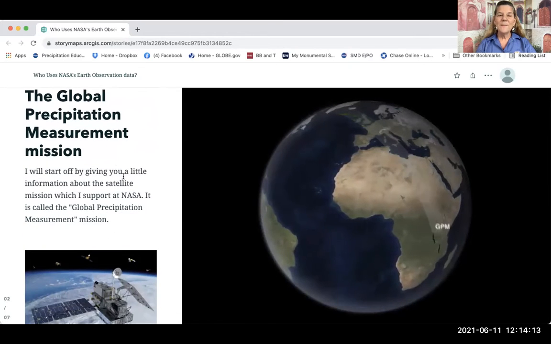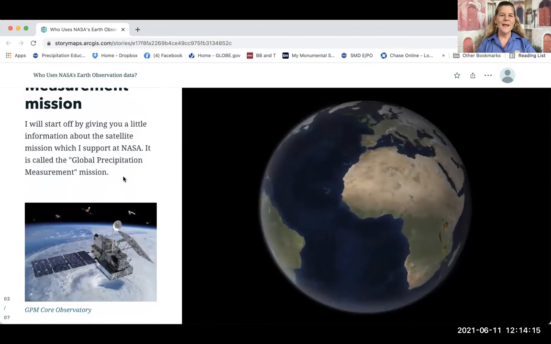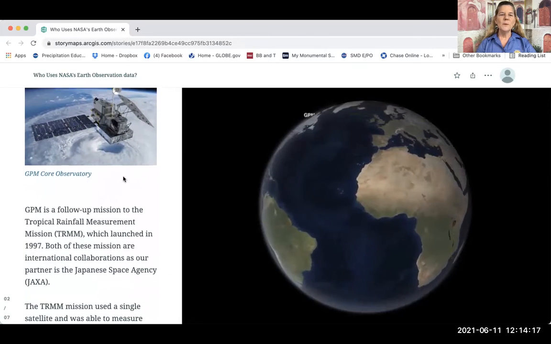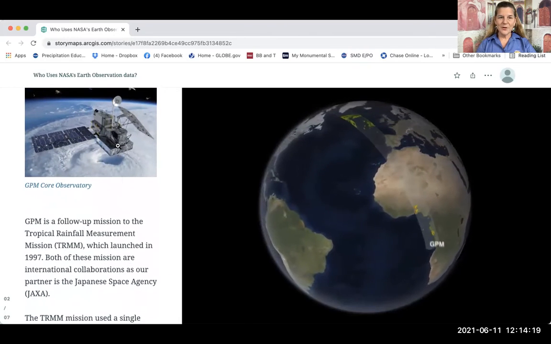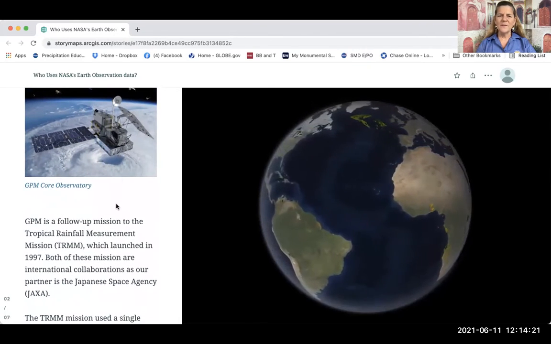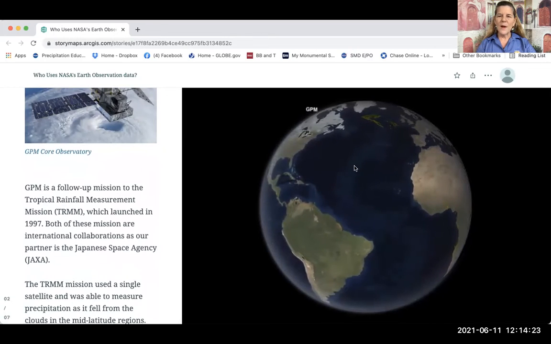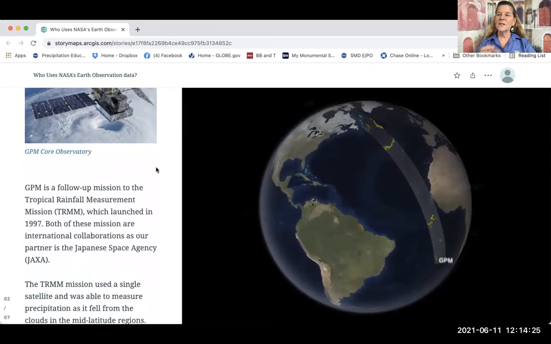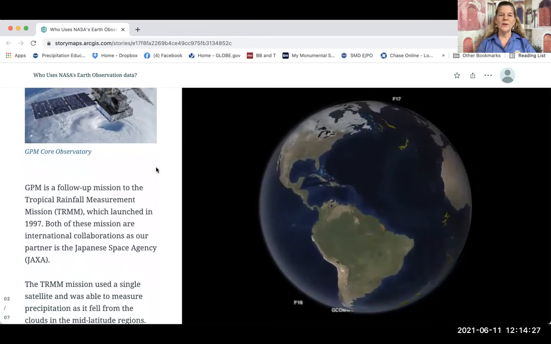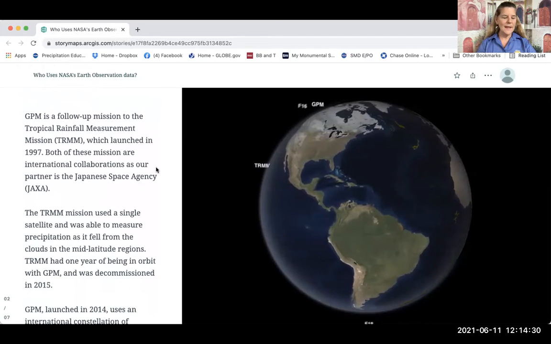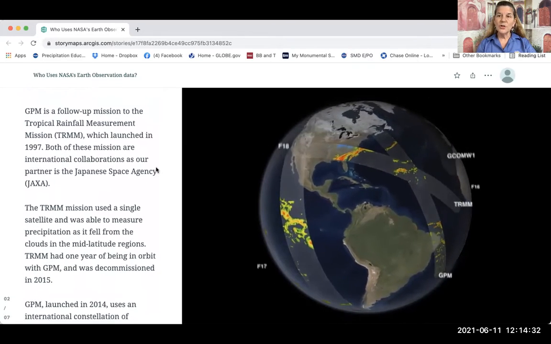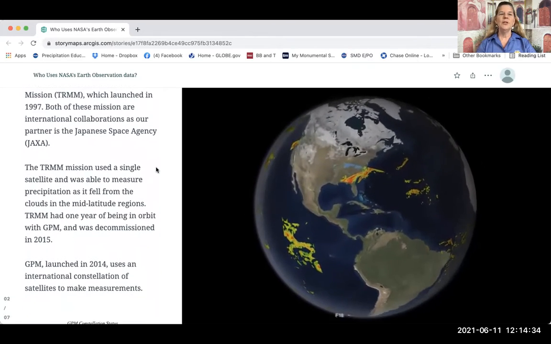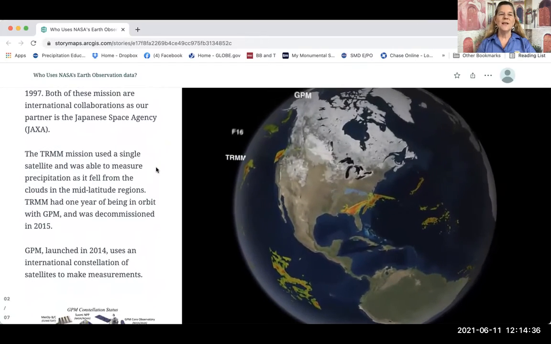All right, a little bit of information about the GPM mission. So the Global Precipitation Measurement Mission, here you can see a picture of it. It's about the size of a fire truck. And here it is going around Earth, collecting data with some of the other satellites that are in the constellation. GPM is a follow-up mission to the Tropical Rainfall Measurement Mission, which was launched in 1997.